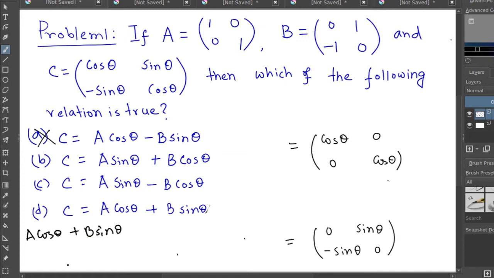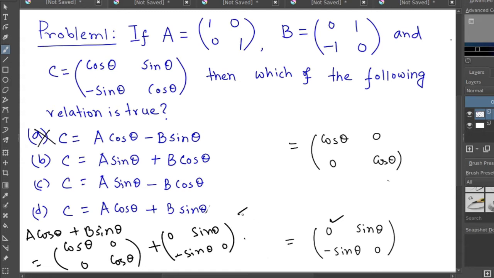So A cos theta is this value, cos theta 0 0 cos theta, plus this one, 0 sin theta minus sin theta 0, and it would be cos theta sin theta minus sin theta cos theta, and you can check, this is exactly equal to C. So obviously the last option is true.